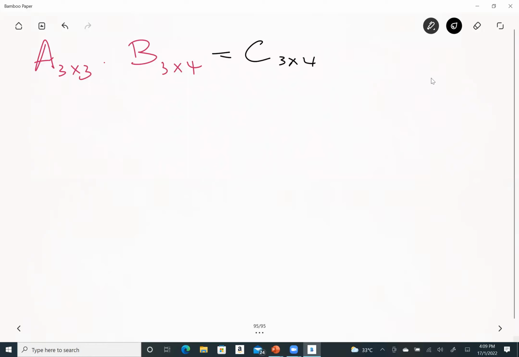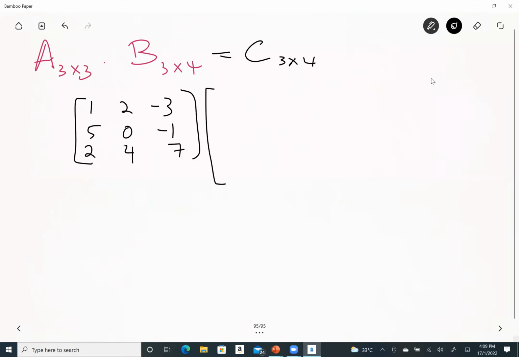Example, let's say A is equal to 1, 2, negative 5, 0, negative 1, 2, how many is it? 2, 4, 7. That is 3 by 3. You multiply to a B, 3 by 4. So let's say 2, negative 1, 0, 4. After that, you have 4 columns and 3 rows. So we just add the row.